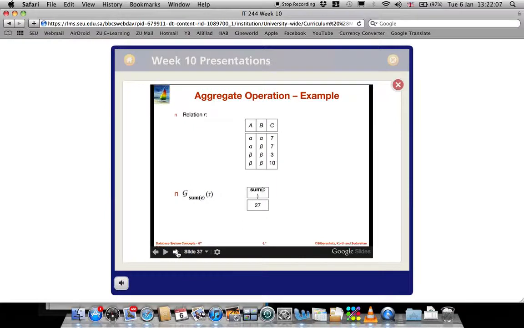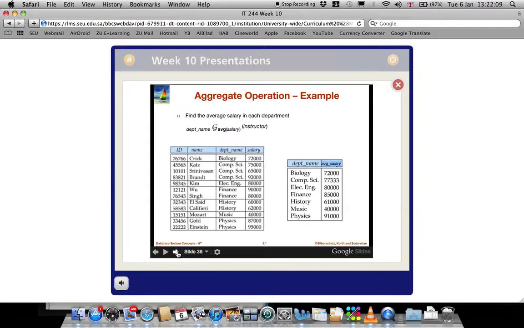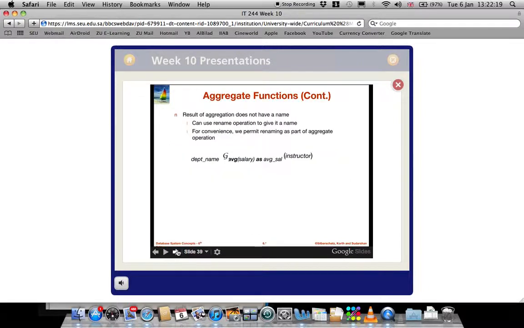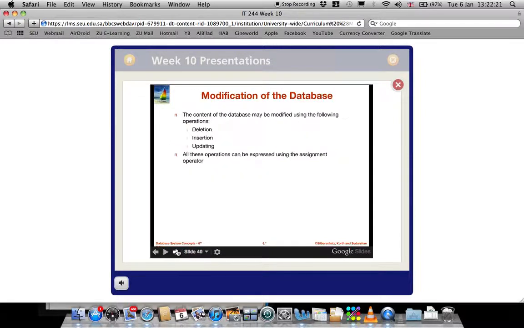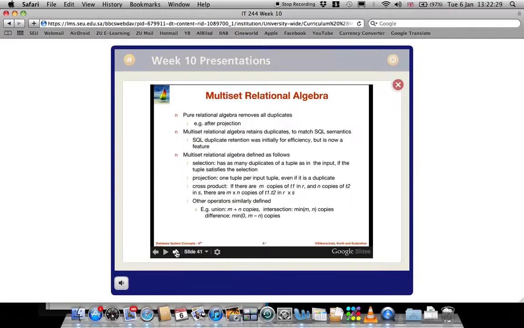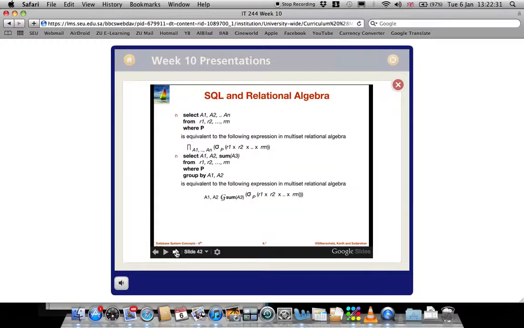Make sure you understand what an aggregate operation means. Modification of database, don't worry about it yet because it will come in SQL.